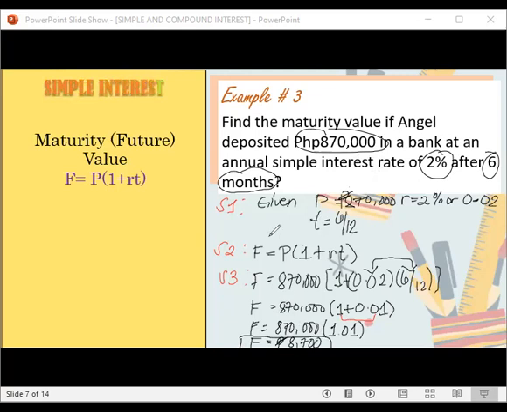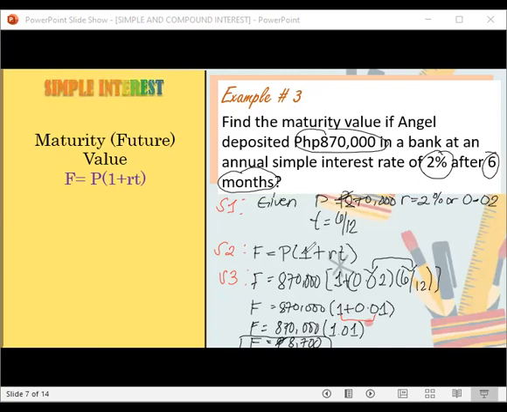Ayan. So, syempre, find the maturity value if Angel deposited 870,000 in a bank at an annual simple interest rate of 2% after 6 months. So, syempre, ang gagawin natin dyan ay i-add lang yung nakuha nating interest na 8,700 plus the 870,000.